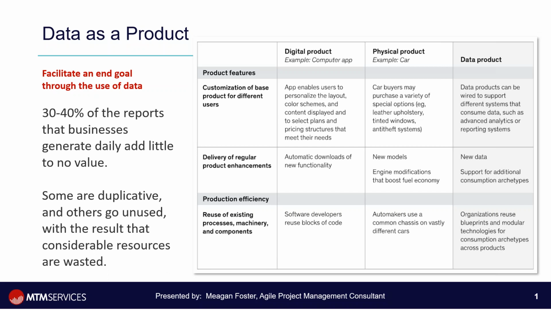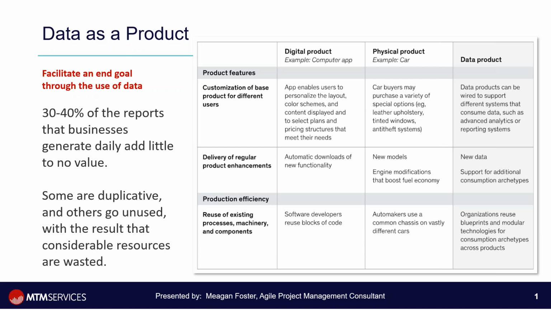And so this chart here gives us an example. If we are looking at data as a product, it gives us an example compared to digital products like a computer app versus a physical product like a car. So the product features for a data product include the customization of the base product for different users.